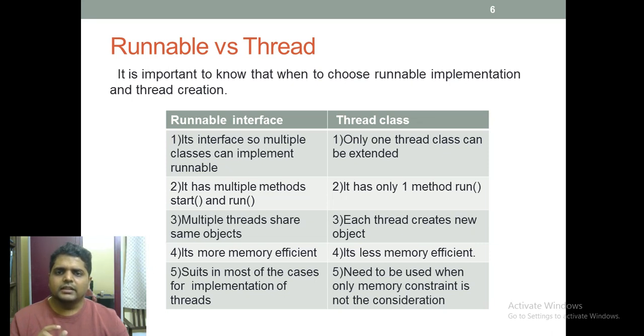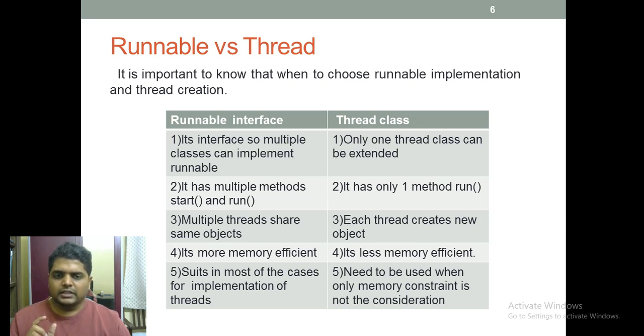The thumb rule is that interfaces can be implemented by multiple classes, and only one class can extend the Thread class. Correspondingly, the Runnable interface has only one method, that is run.